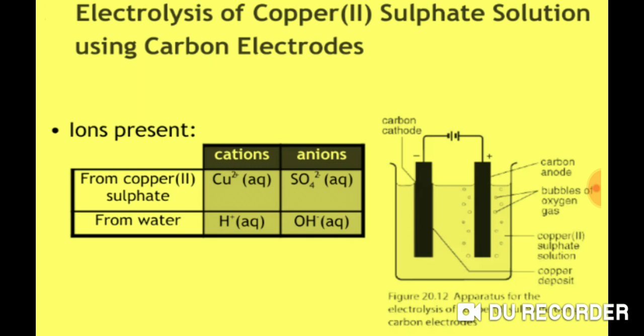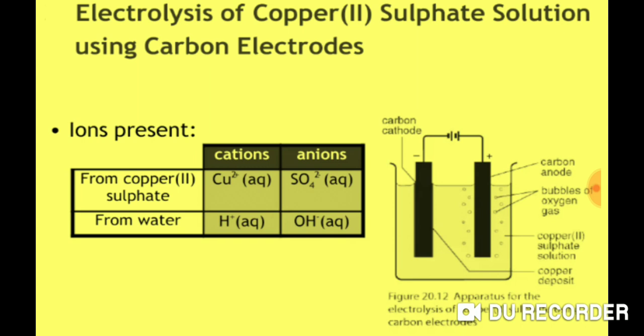So you can see the cell which is used here. The apparatus for the electrolysis of copper sulfate using carbon electrodes. Keep in mind, we are using graphite electrodes, which means inert electrodes are being used. Copper sulfate solution is used as an electrolyte.